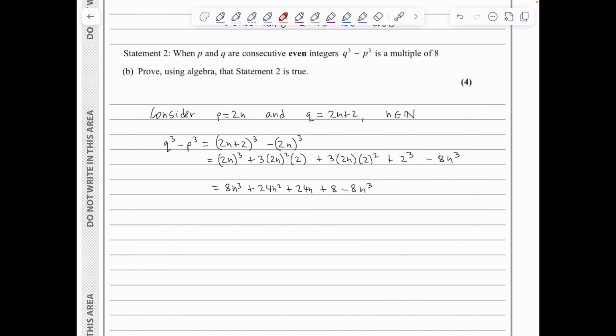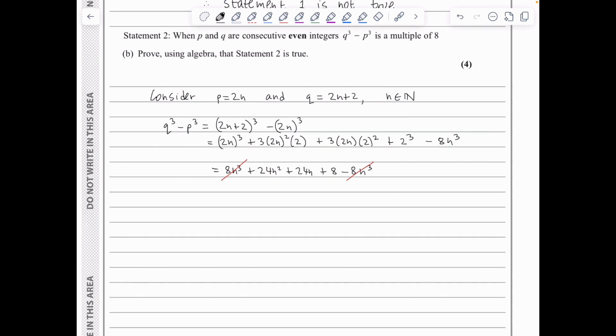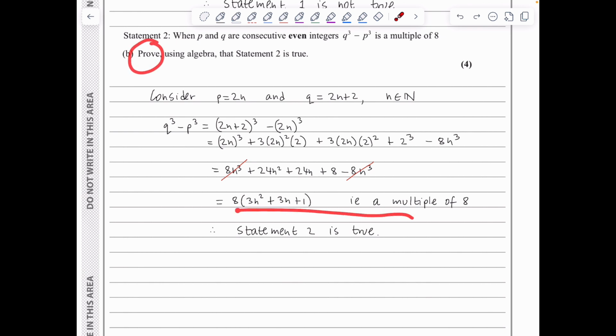We notice that the 8n cubed will cancel out, and therefore I can factor out the 8, leading to 8 times 3n squared plus 3n plus 1, which is a multiple of 8, and therefore we conclude that statement 2 is true. Now be careful here, we are looking at a prove that question, so we need to end up with a conclusion in order to get all 4 marks.